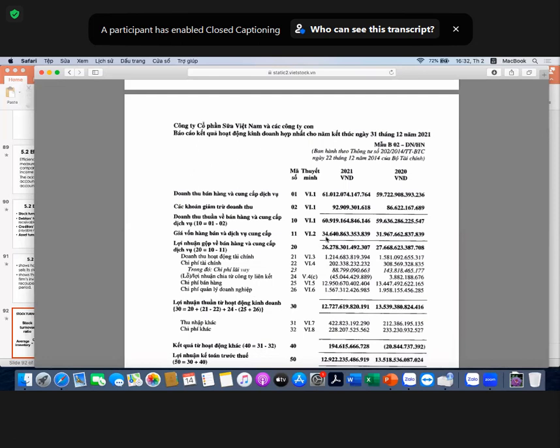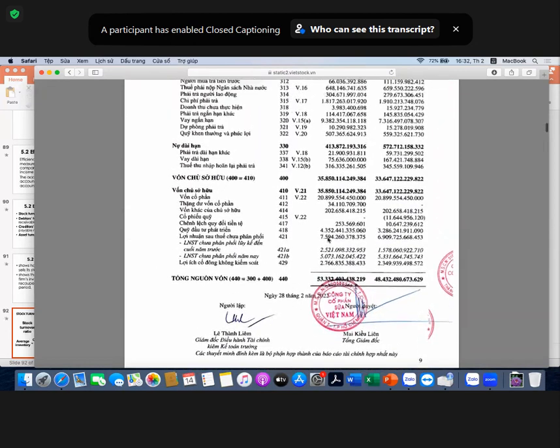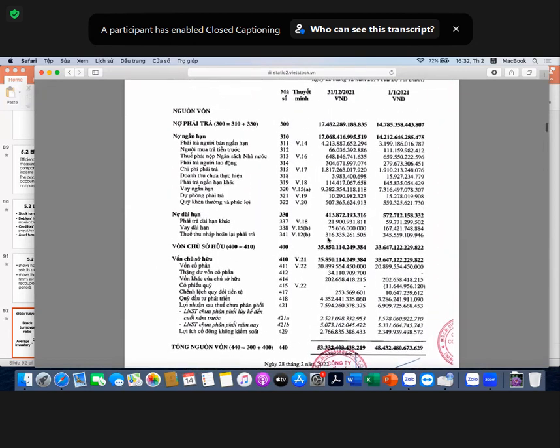Now in this case, we will take 34,640.9 multiplied by 2. Okay? Then dividing by the sum of what?